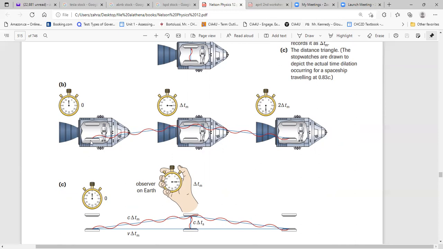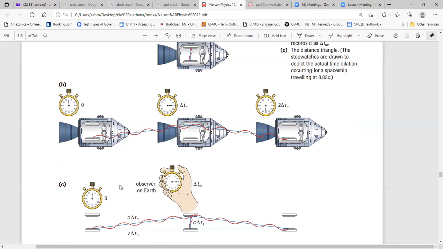What the person sees is that the wave travels in this shape, hitting the upper plate and then being reflected back to the lower plate. Since the spacecraft is moving, he will observe this kind of path. But someone inside the spacecraft will see it simply go up and go back down.